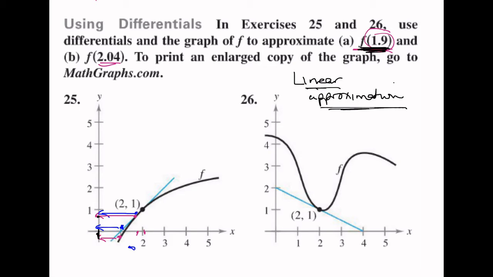A y value of a certain spot on the tangent line, maybe for this x value here, to approximate the y value for the curve. You can see these are pretty close together. Same x value, different y values, but they're close. And you can use this y to approximate that y.